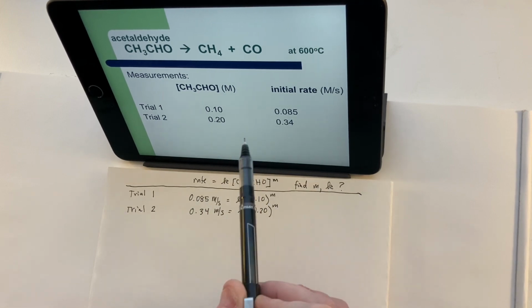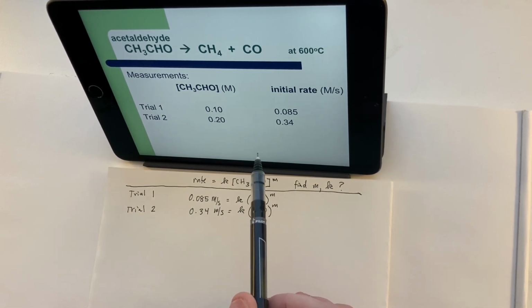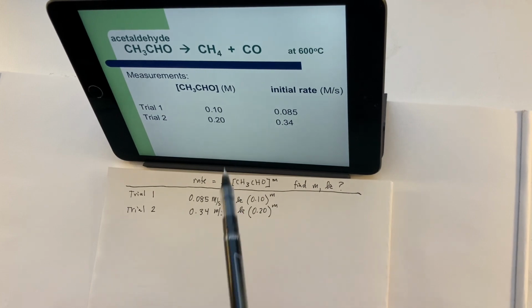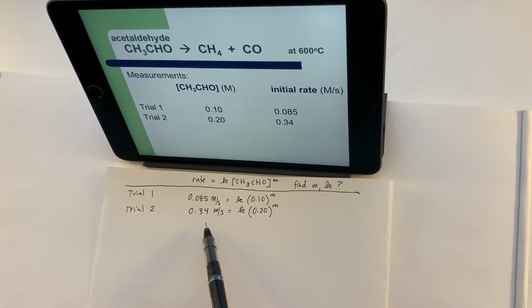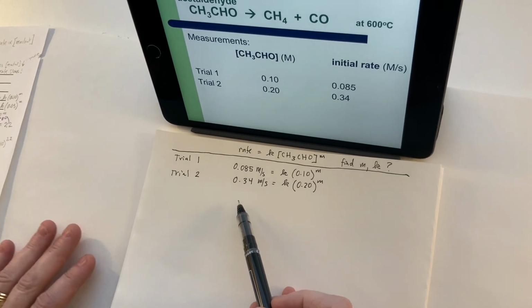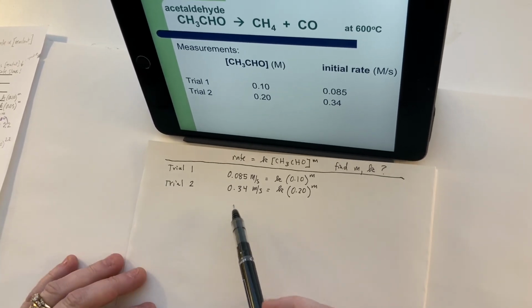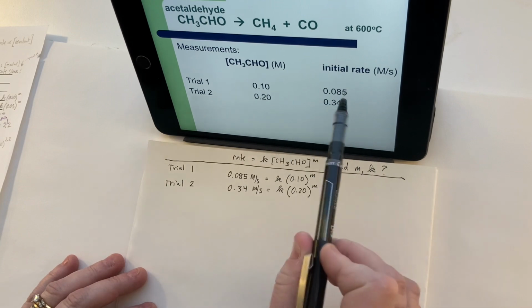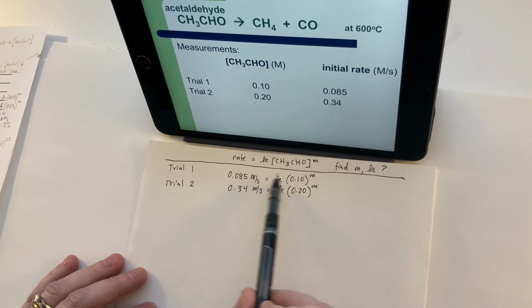But what if the data isn't so clear cut? What if you can't eye it up? Well, then we need a technique to determine it mathematically. So what's our technique? Well, we should take our data and arrange them in the form of the rate law.